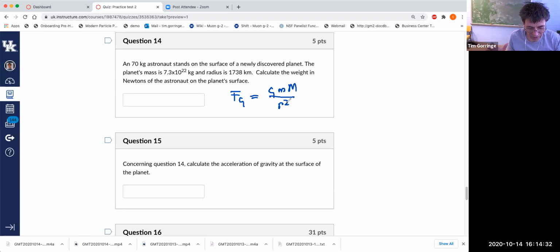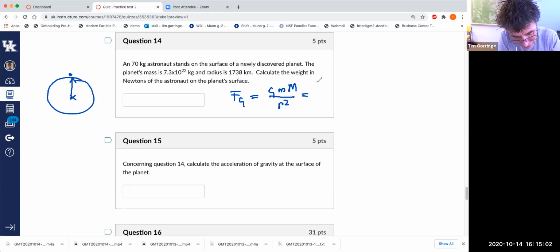An important point here: here's the astronaut, here's the newly discovered planet. The distance is the distance between the center of the planet and the astronaut. So that's the distance, it's the radius of the planet.